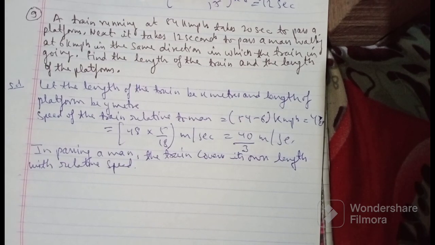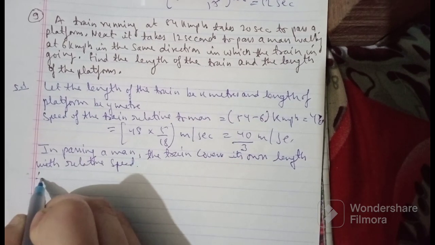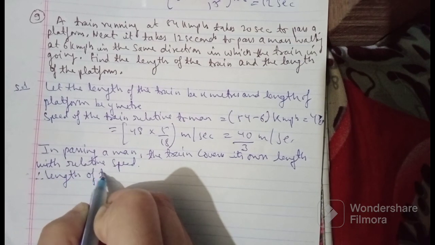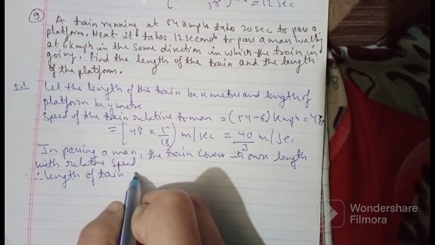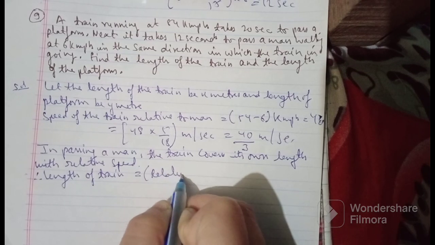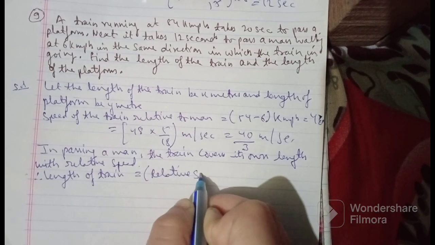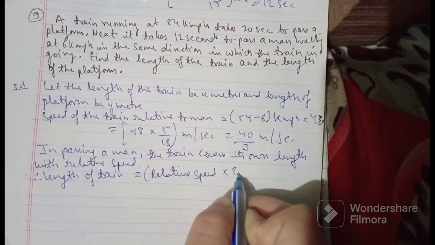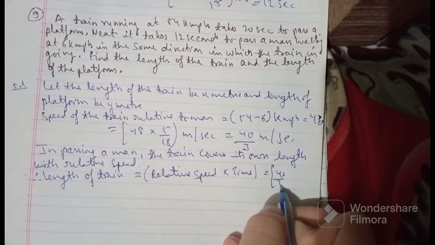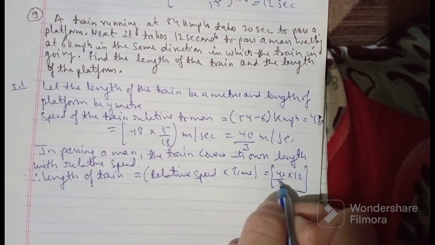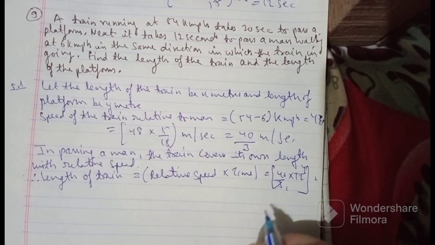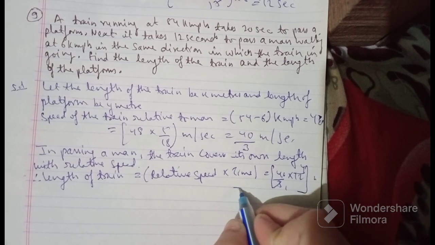Length of train equals relative speed into time, 40 by 3 into 12. 3 ones are 3, 3 fours are 12. 160 meter.